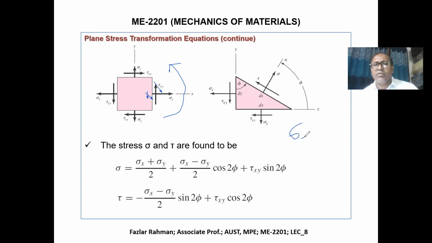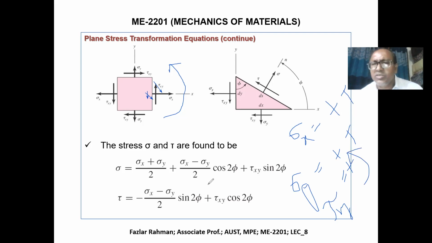So what we found is, if sigma x is tension, then positive. Similarly, sigma y is positive if it is tension. And tau xy is positive if it tries to rotate the object in the anti-clockwise direction. So this sign convention we have to remember.